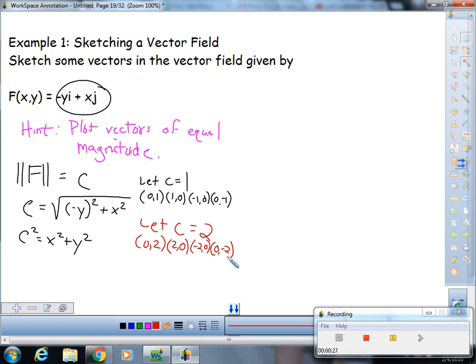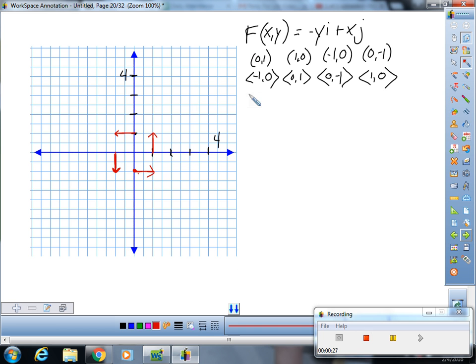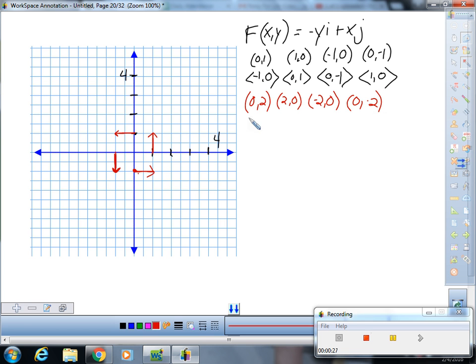Okay, so let's continue with those. And we should be able to look at our little map and be able to get these really quick. So what's this one going to be? Negative 2, 0. Let's just keep doing our math. This one? 0, 2. This one? 0, negative 2.